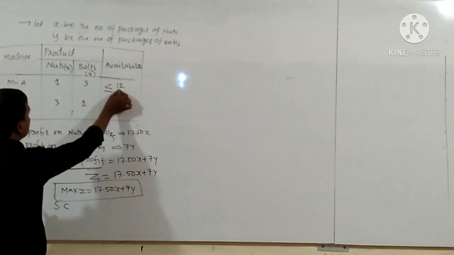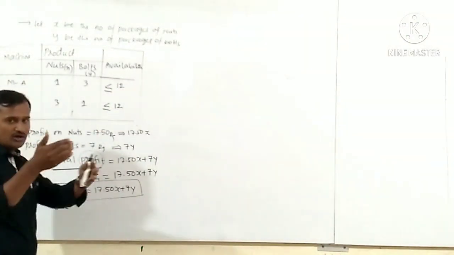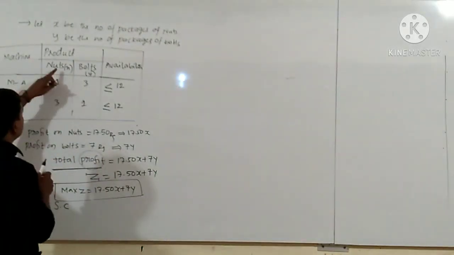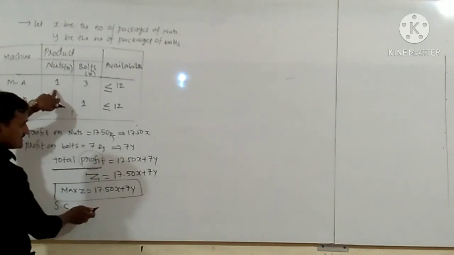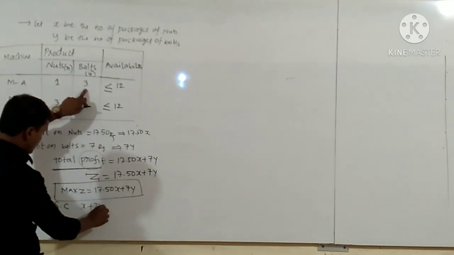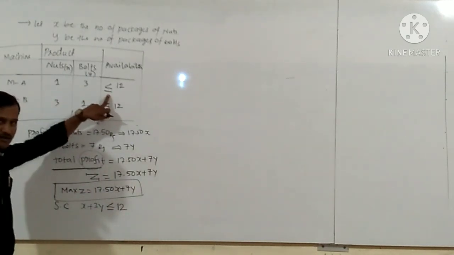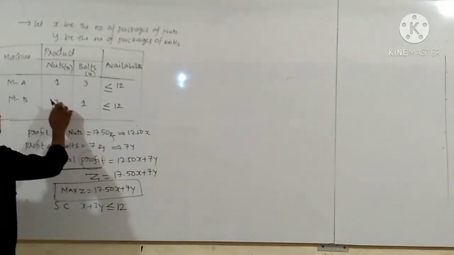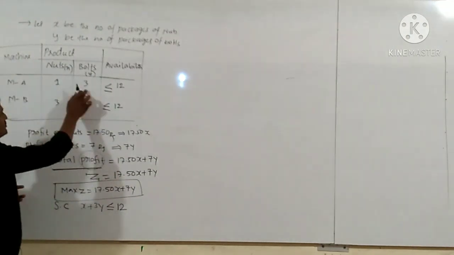Less than or equal to 12 means availability of machine A is only 12 hours or less than 12 hours. So here it is x, here it is y. We will write like this, 1 into x, or we will write x plus 3 times y. This is less than or equal to how much? 12. Okay, so don't take like this. Suppose if you take like this, then you are getting x only, so better you should take like this.